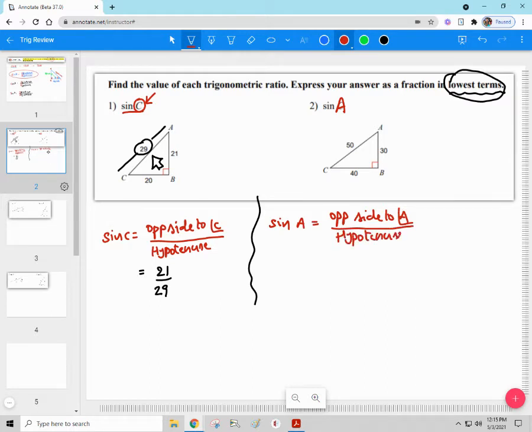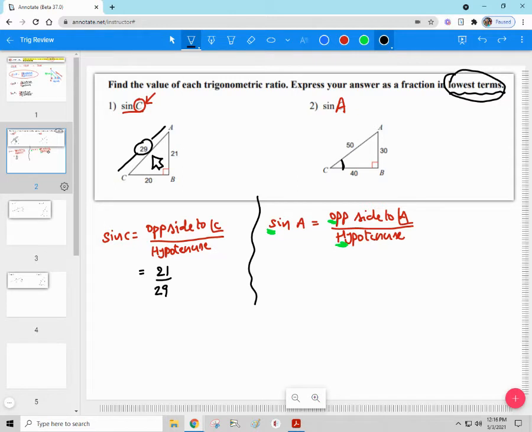If you can remember SOH, I am sure it is easy for you to write sine. That is SOHCAHTOA, right? Now, the opposite side to angle A: A is here, then the opposite is going to be 40.